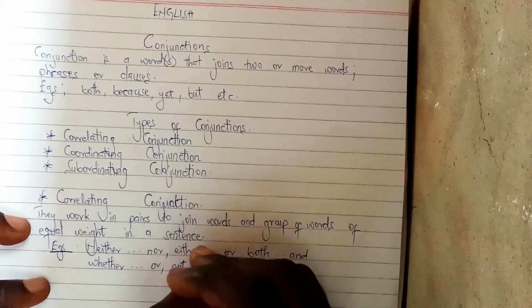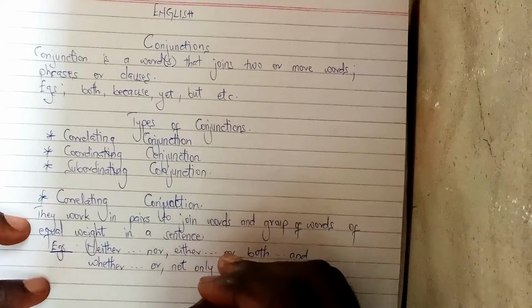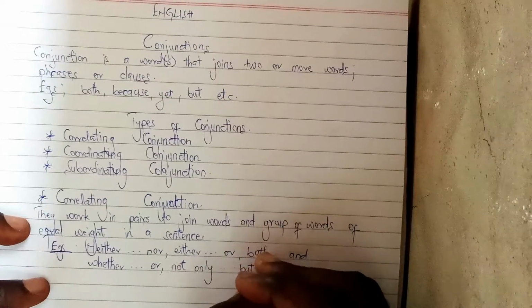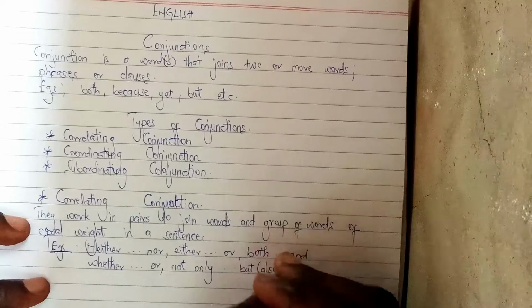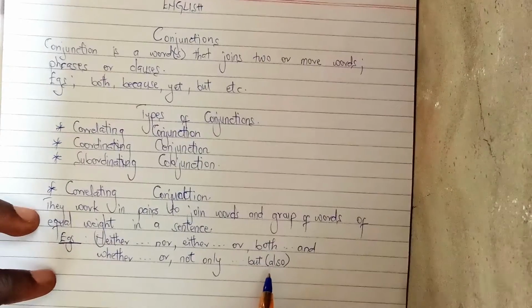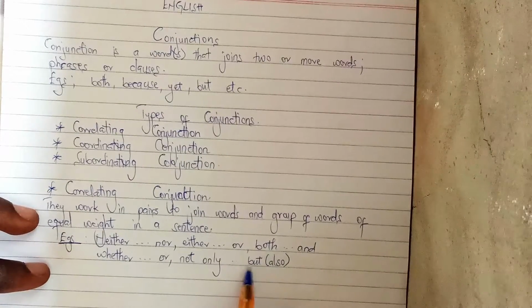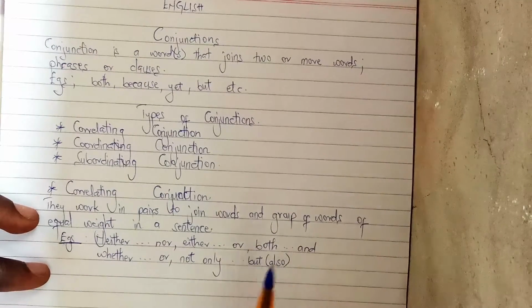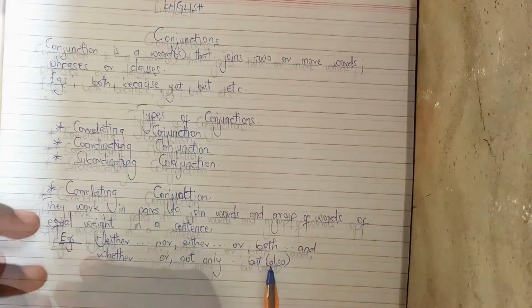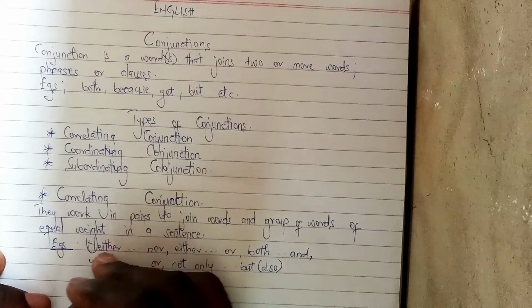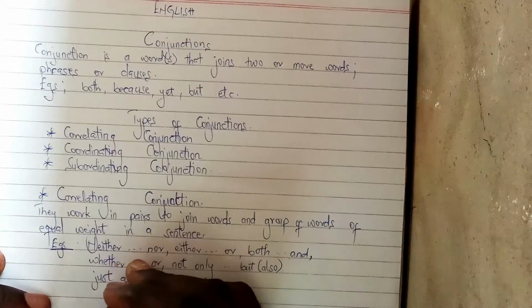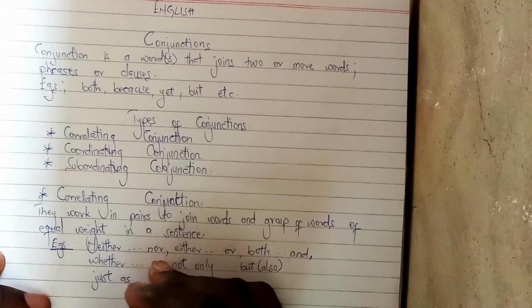Not only... but (also). So this "also" is in brackets because sometimes when we are using "not only," we don't need the "also," but at other times we need the "also," and that is why it is in brackets. Just as... so.